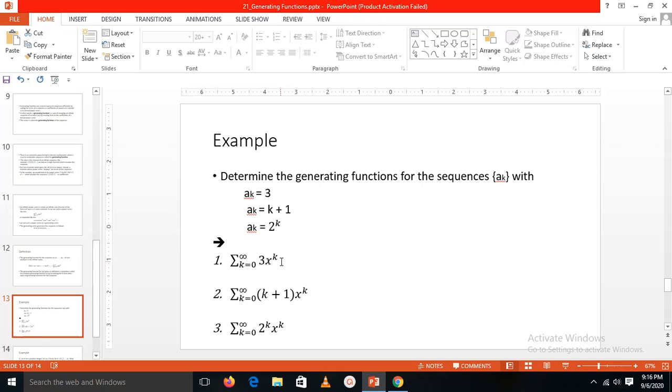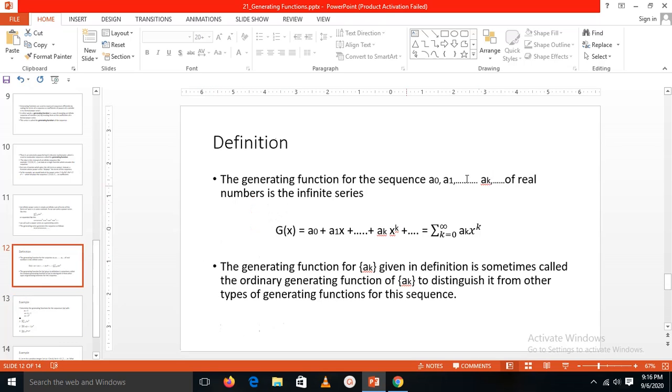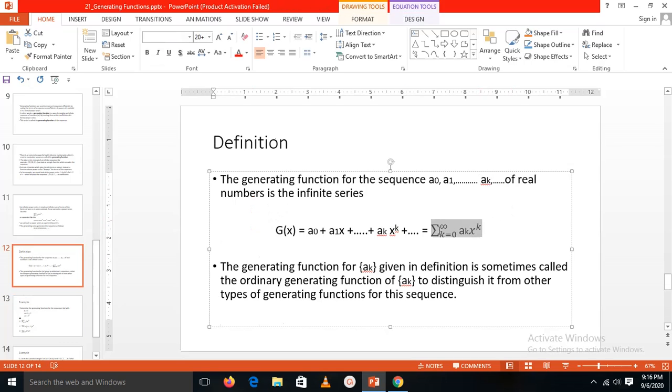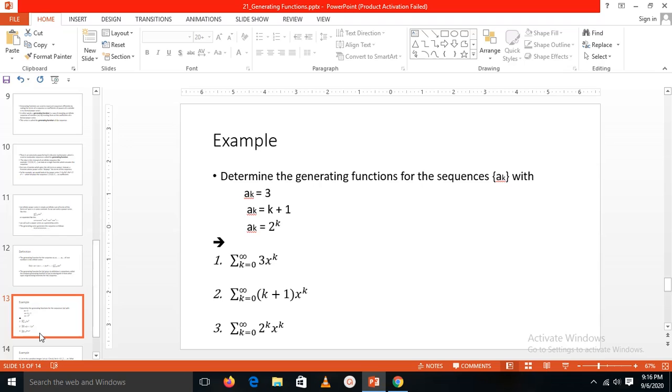By putting this value into the definition, summation k equal to 0 to infinity ak x raised to k. Now what is ak? ak is 3. So we get the generating function summation k equal to 0 to infinity 3 x raised to k.